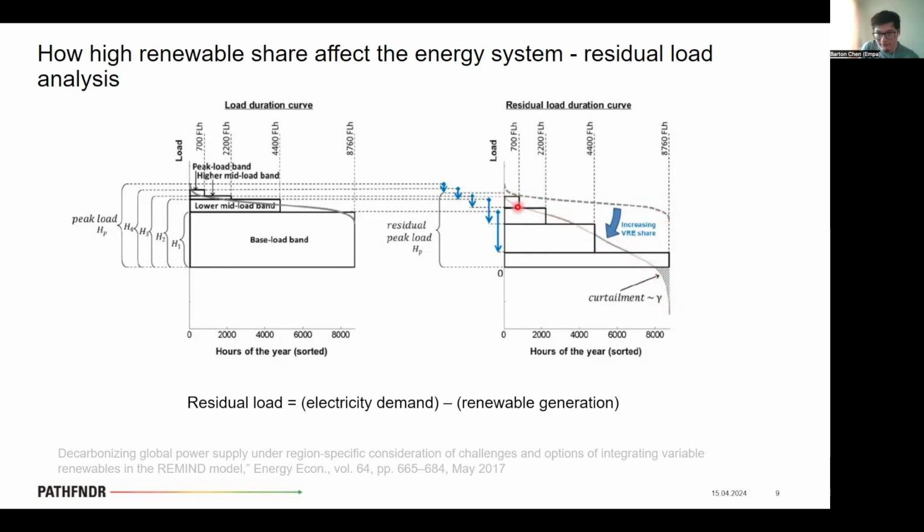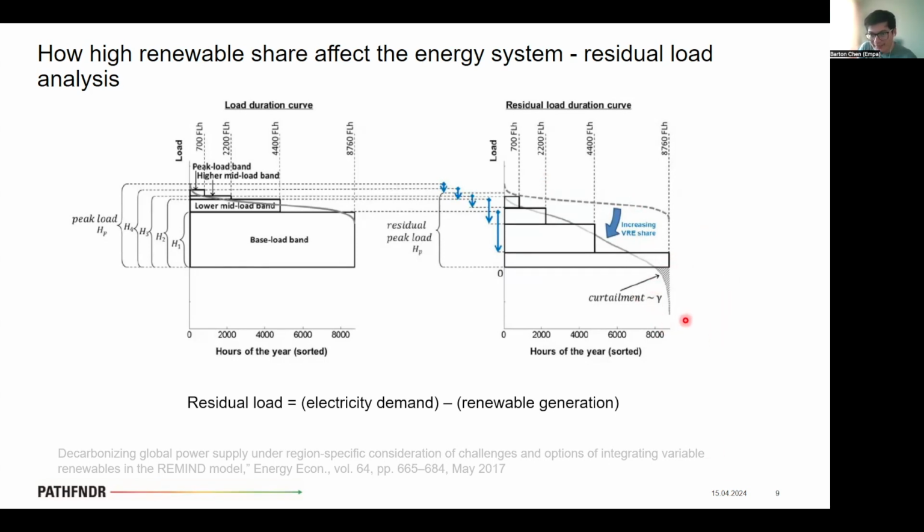What this curve tells us is the peak residual load, meaning the time when you still need electricity generation from sources other than renewable energy, probably battery, other fossil fuel power plants or pumped hydro, whatever other things combined together. That is the peak demand you need to cover to make the energy system run.